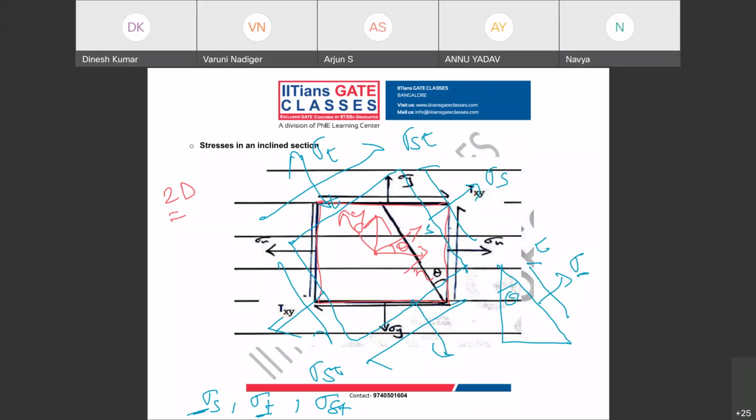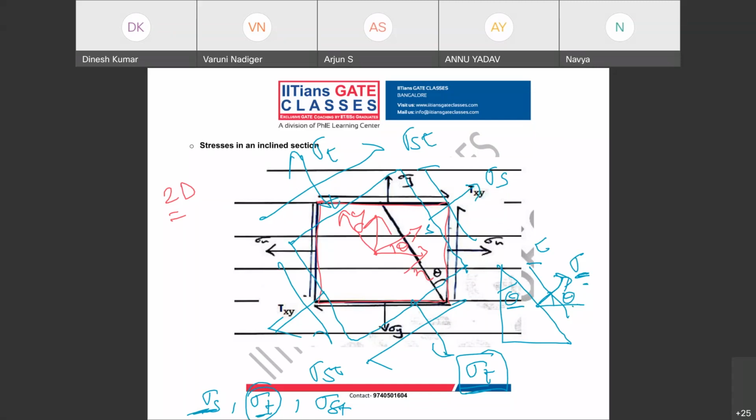This is sigma S. Now I want to find sigma T. How will you find that? You told me this is sigma S because it's going in the S direction, and you know this angle will be theta. If this is theta, this is theta.